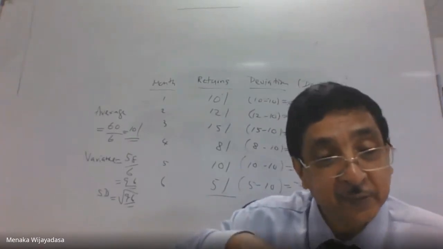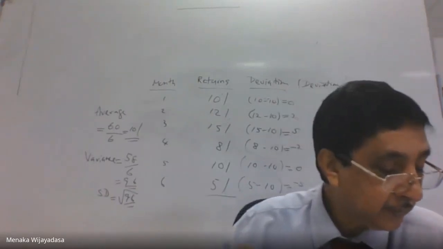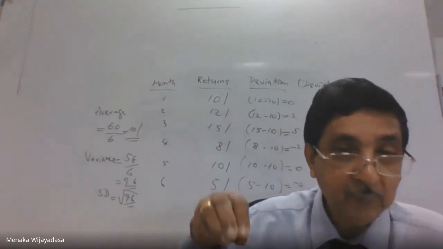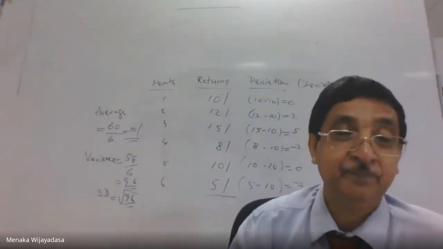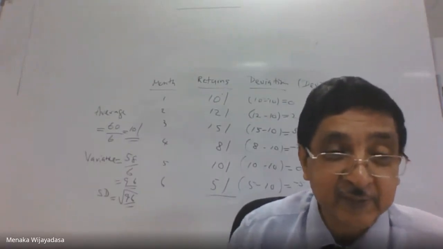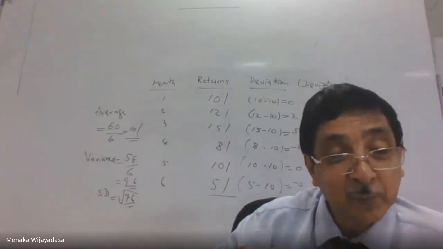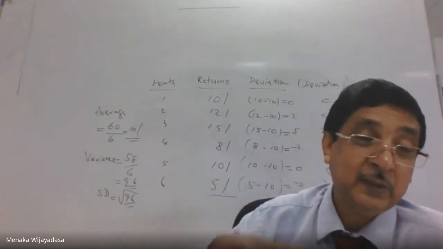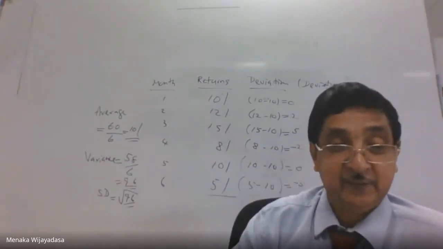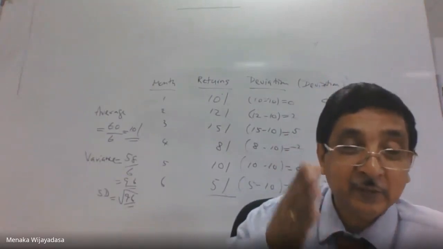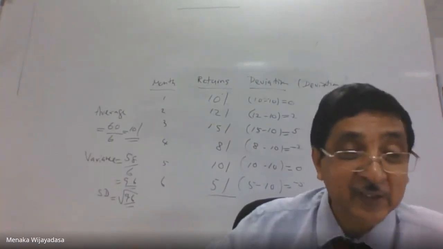Either if the things are given in historical figures, that has to be calculated in this manner. But if those are expected type of figures, then you have to go by expected calculations through probabilities. Whatever it is, we need to calculate the average return or the expected return and the standard deviation. That is the risk.